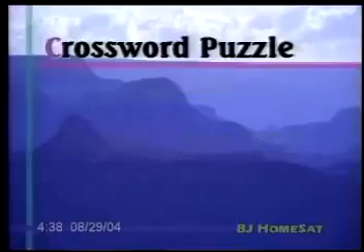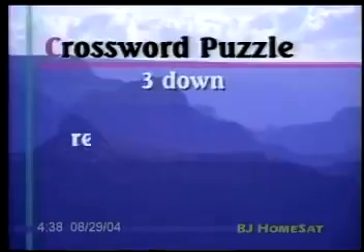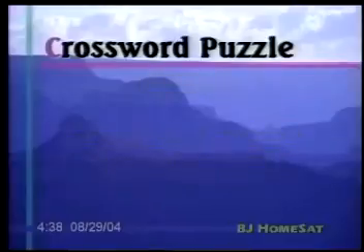All right. Three down. Relief color for land below sea level. Land below sea level. That's a little shorter one.